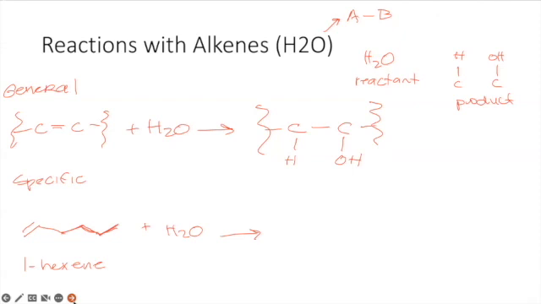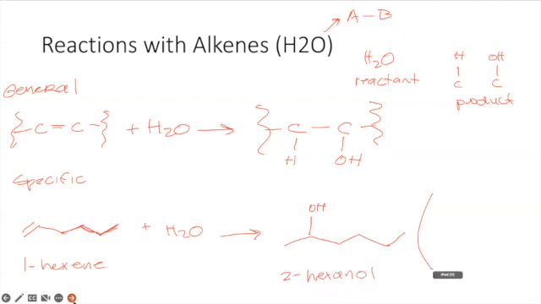We reduce that double bond. 1, 2, 3, 4, 5, 6. And then we're going to add hydrogen to one and OH to another. I'm not going to draw the hydrogen because it's already implied. And so now this becomes 2-hexanol.